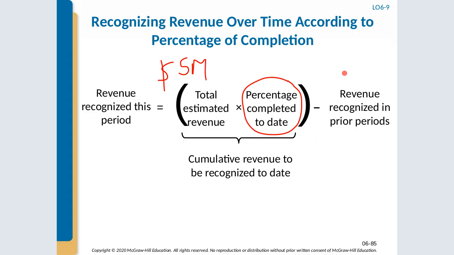And then we're going to subtract the revenues that were recognized in prior periods. Now, for our first year, we don't have any prior periods, so for the first year, this is going to be 0. But for subsequent years, for 2022 and 2023, we're going to have to subtract the revenue that was recognized in previous years. And that will give us the amount of revenue that's recognized in the current period.